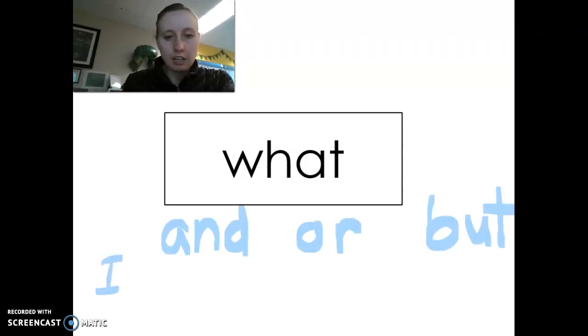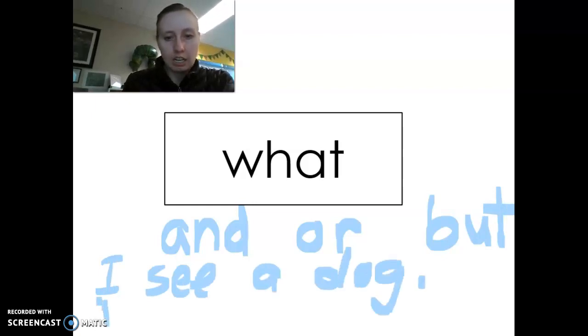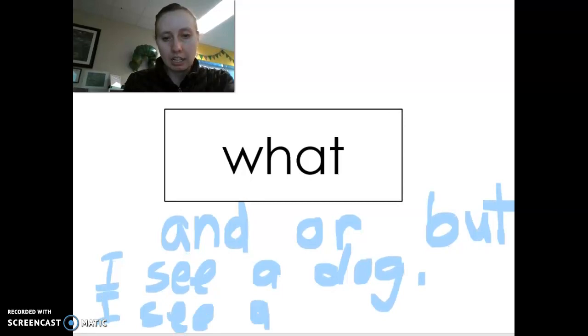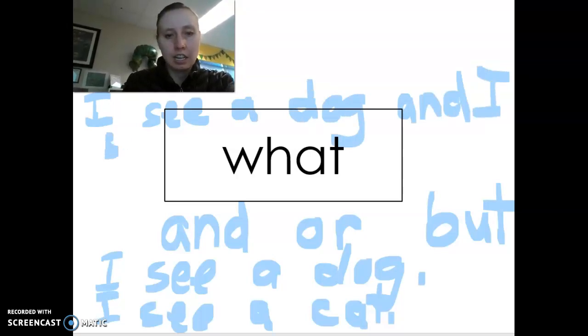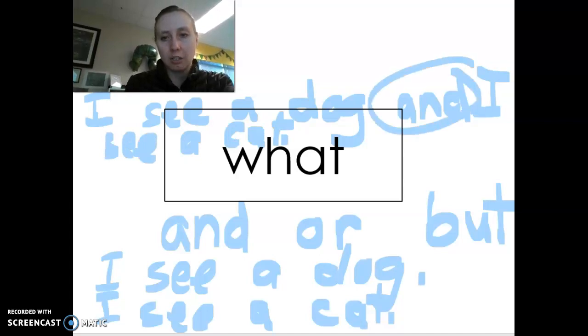So I see a dog. I see a cat. How can I put those together? Okay, you could say I see a dog and I see a cat. Okay, and is our conjunction. It puts the 2 sentences together.